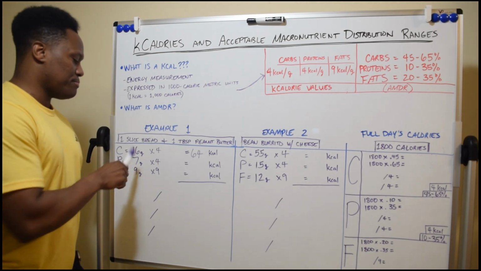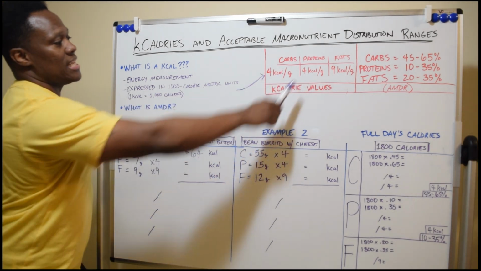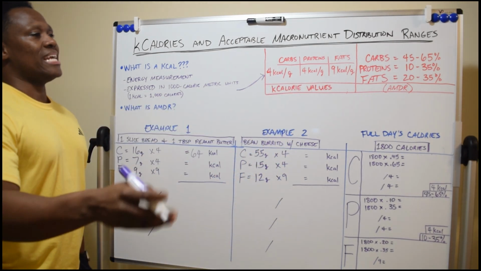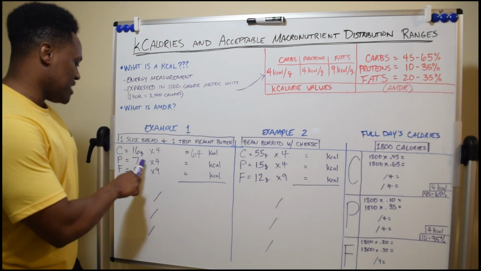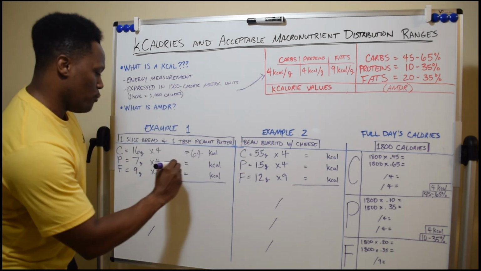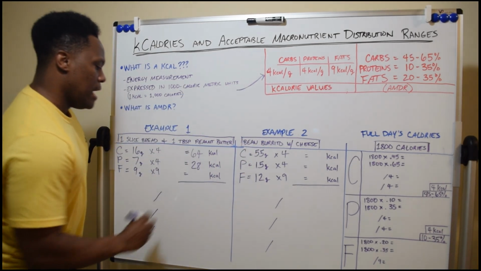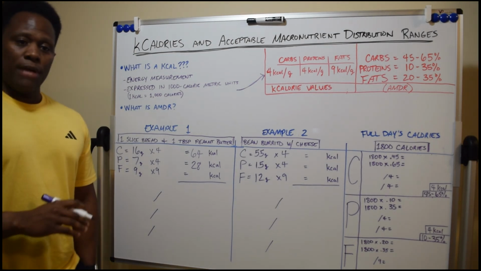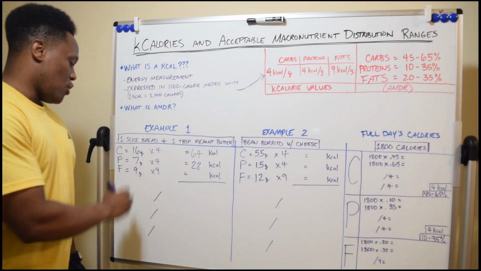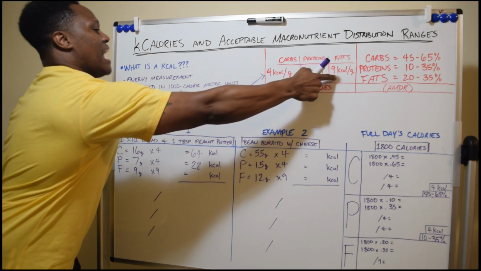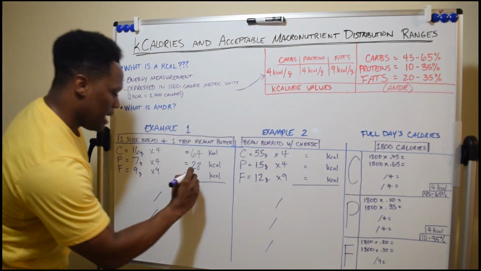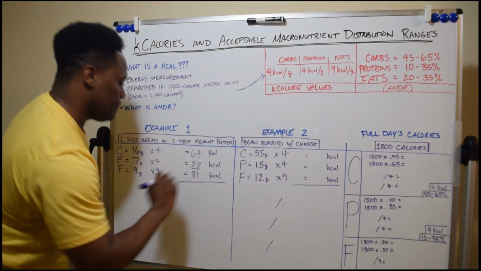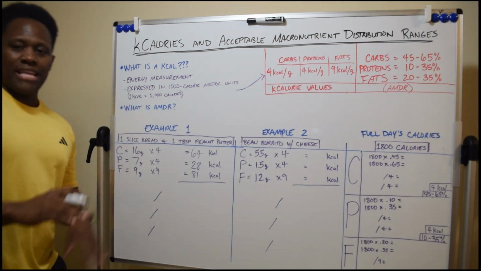We have 7 grams of protein. Up here, protein gives us 4 kCals per gram consumed. So with 7 grams, times that by 4, we get 28. And last but not least, fats, 9 grams come out of this particular meal. So we take and times that by the 9 kCal per gram that we get, and that's going to give us 81. Okay, so that's step 1.